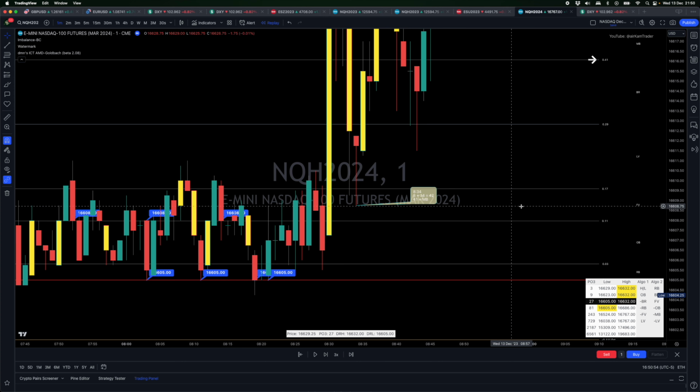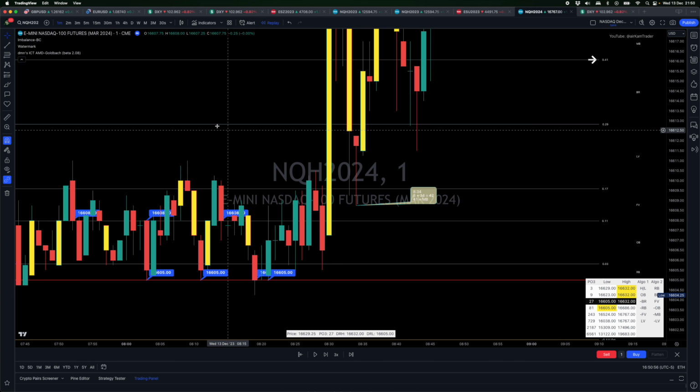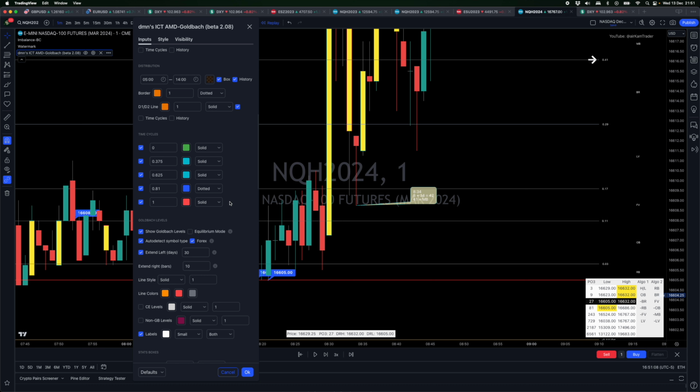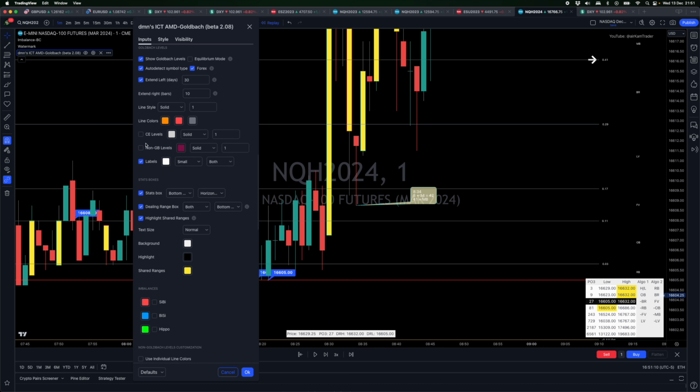What price did it stop at? Within the DMN ICT AMD Goldbach indicator, we can put in the mean threshold and the consequent encroachment.